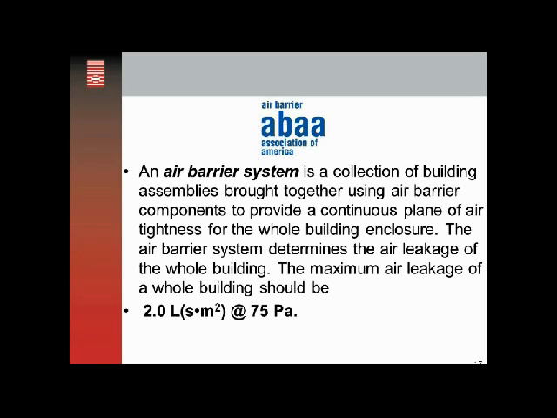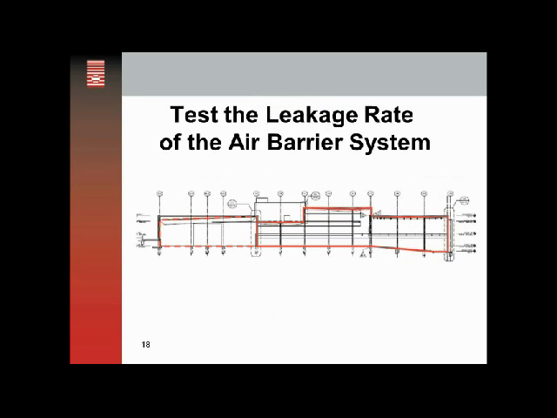Again, the reason I'm bringing this up is because when we're talking about performance testing building envelopes, it's all about air barriers. You are testing the integrity of the air barrier in the building. And from the get-go on building plans, builders these days have got to be able to draw a continuous line around the building envelope and say, this is the air barrier.